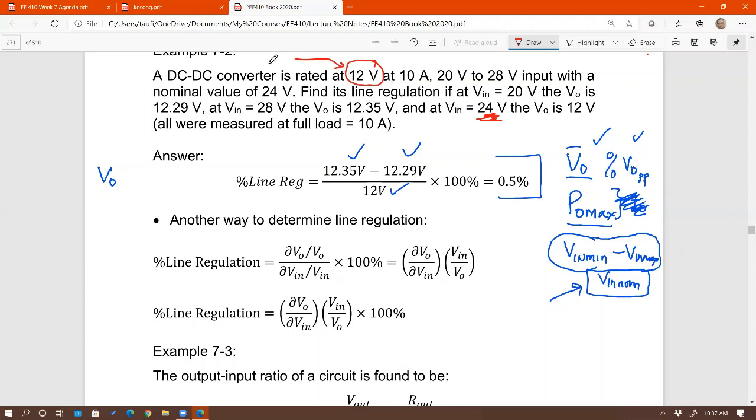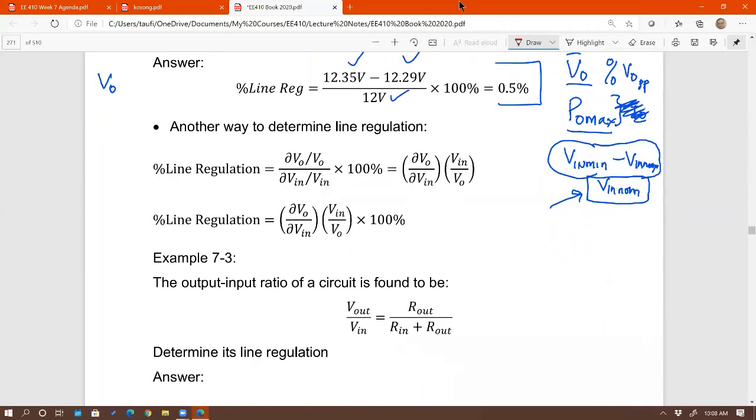This is a spec that they're trying to target. It is very tough to get exactly 12.00. But when you actually measure the output voltage at nominal input voltage, you'll get slightly more or slightly less than 12 volts. Does that make sense? In this example, I just gave you 12 to make it easy. Does that answer the questions? These are all good questions, so make sure that it's clear. Okay, good.